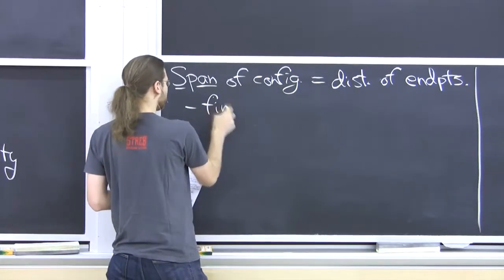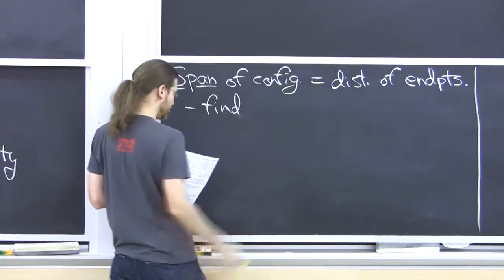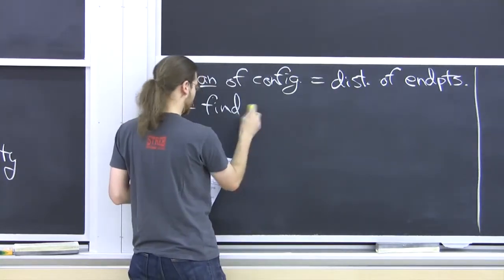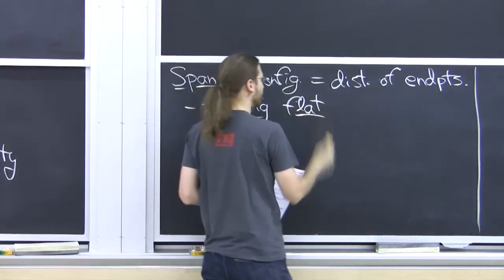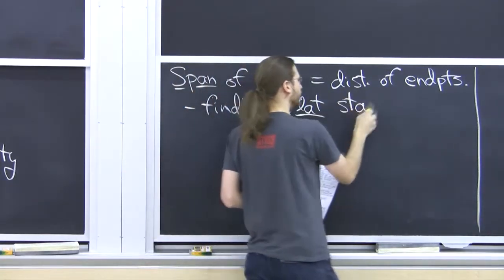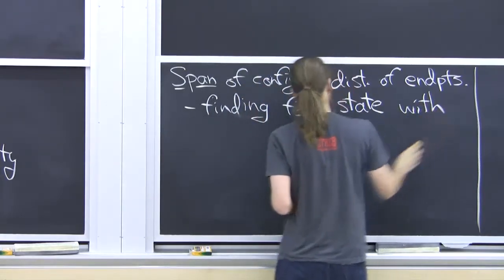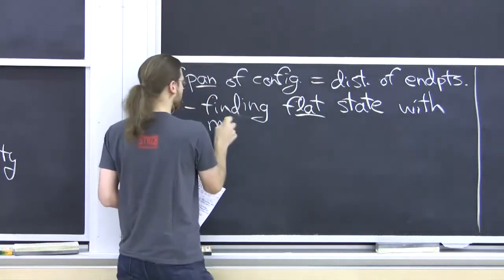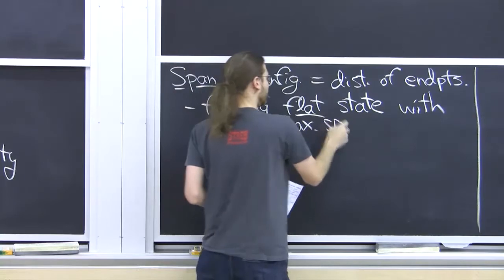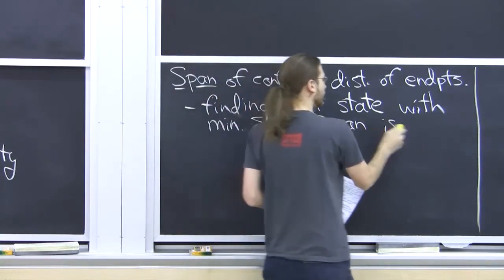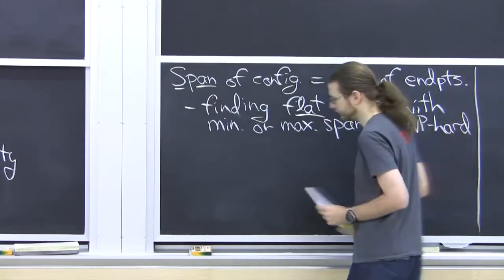This search was begun by a guy named Mike Sauce, who was a PhD student at McGill. And he proved that if you want to find, for example, a flat state that lives in 2 dimensions with the minimum or the maximum span, this is NP-hard. This is in his PhD thesis.